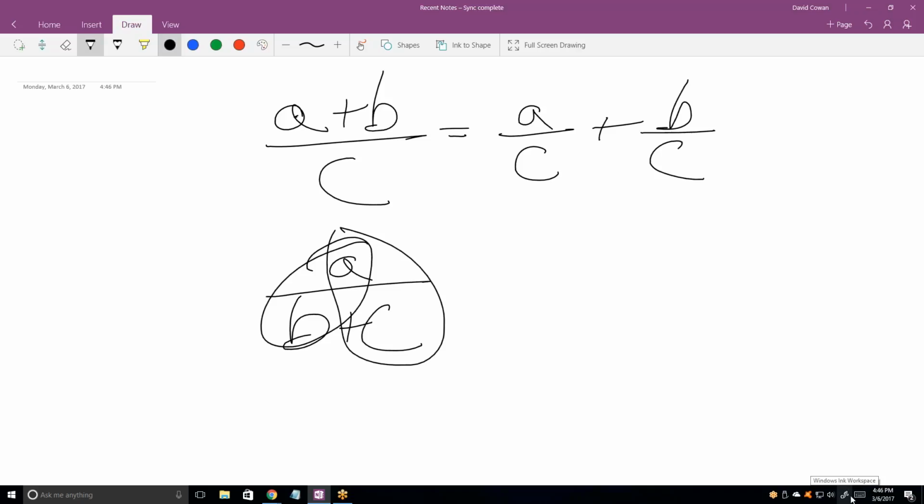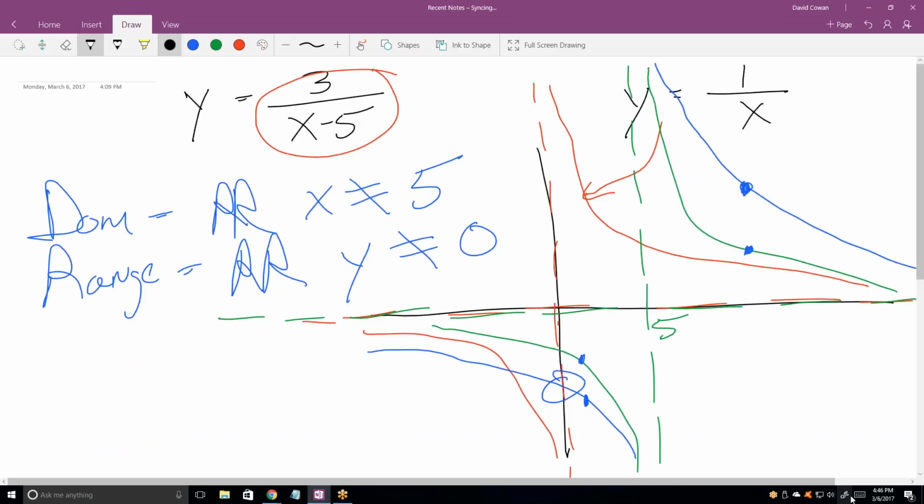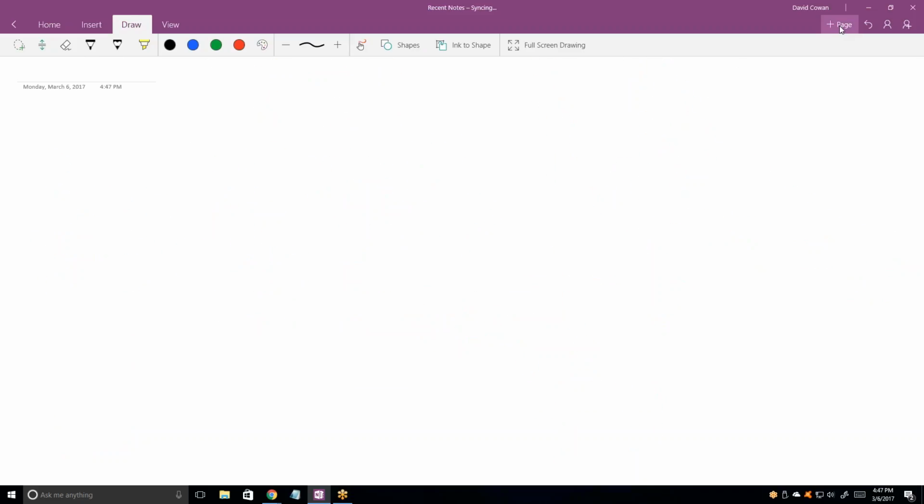If the denominator is a binomial, I cannot split it up. You'll notice that in this last problem, we had a binomial term in the denominator, and so we couldn't really do anything more with it.